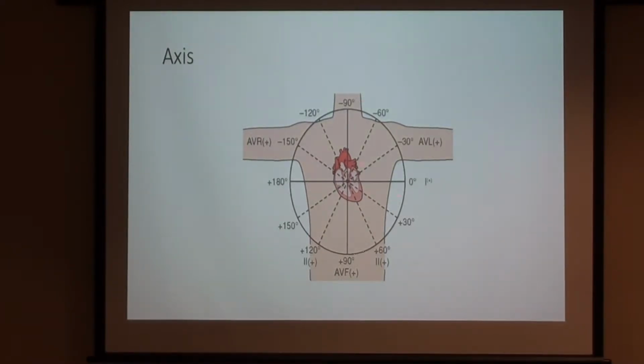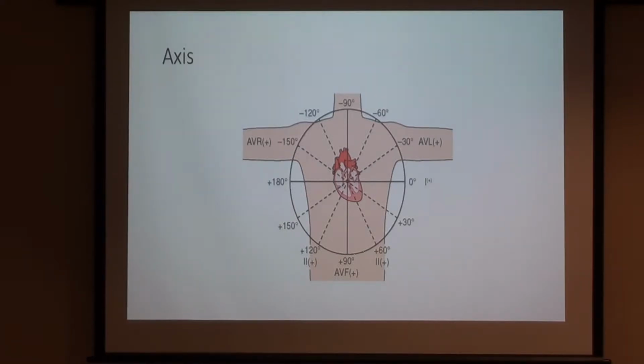Somewhat arbitrarily, it's a 360-degree circle, and this direction is 0. It goes positive in this direction and negative in this direction, to plus 180 and minus 180 over here. So what is the axis?